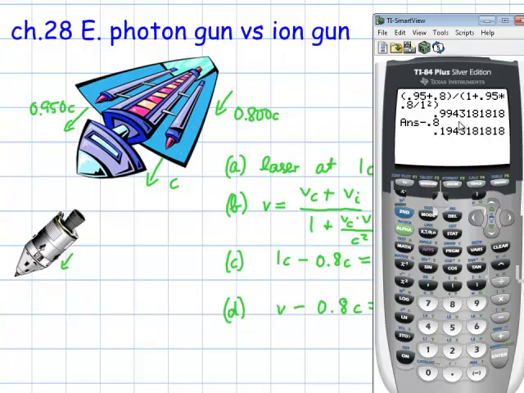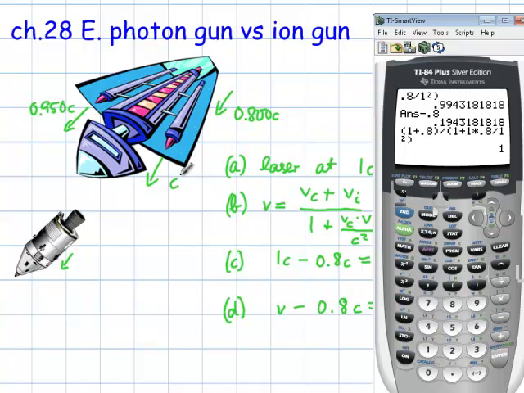I'm actually done with the problem at this point, but let me show you this first part here. So I'm going to do 1 plus 0.8 divided by 1 plus 1 times 0.8 divided by 1 squared, close the parentheses, and I come up with 1.